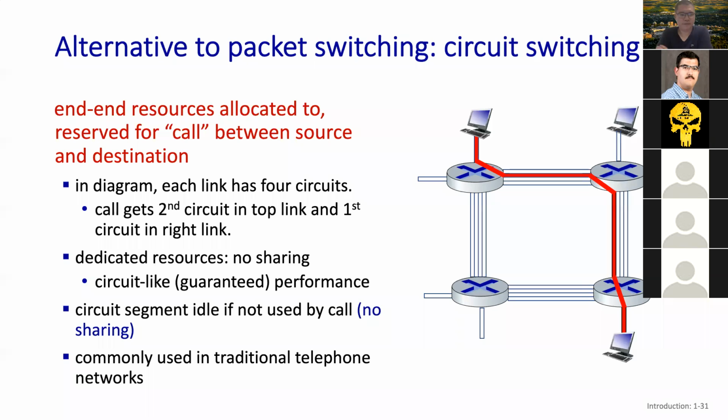Okay, so I think last week we talked about different switching methods, right? So we have packet switching, we have circuit switching. For circuit switching, I think some of you may still remember that it is a very commonly used method in communication, right?